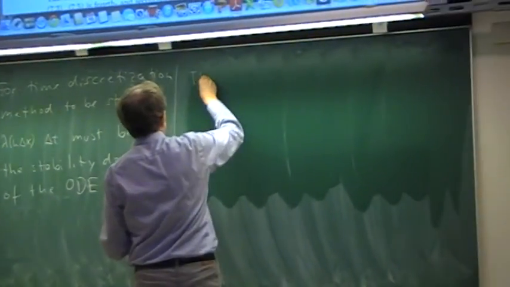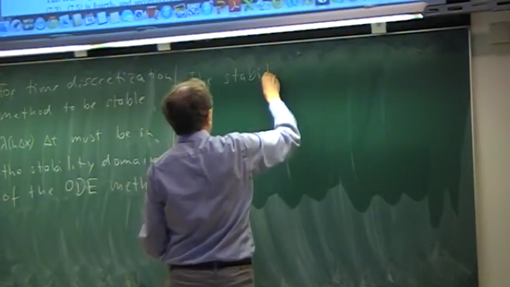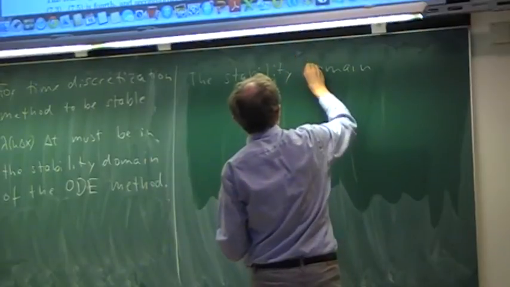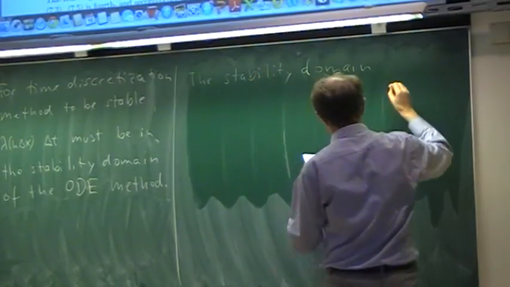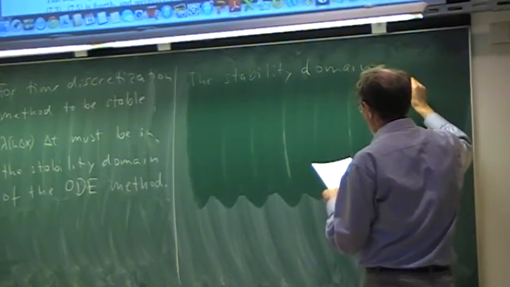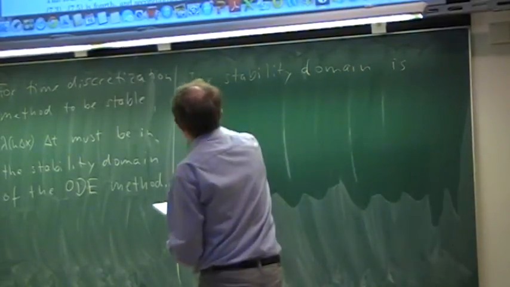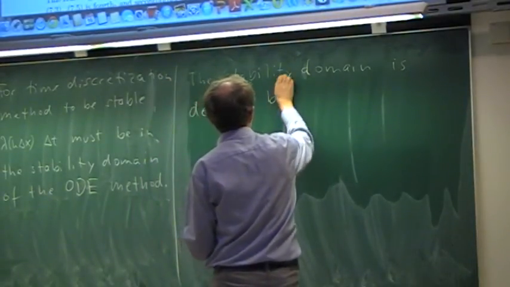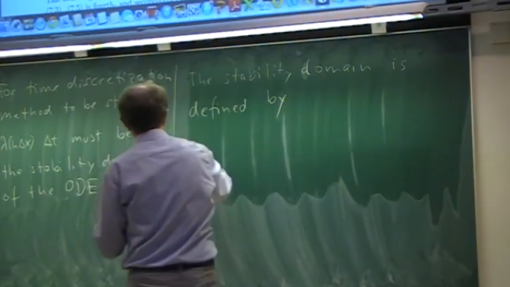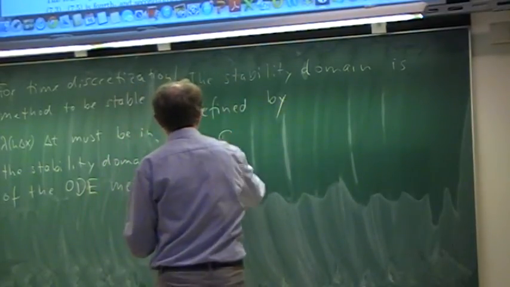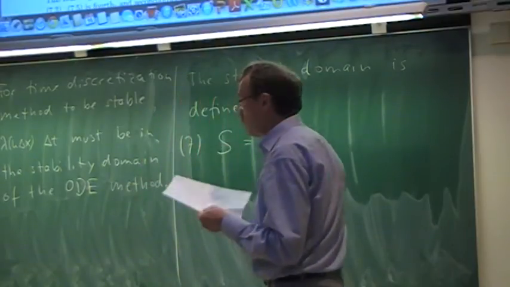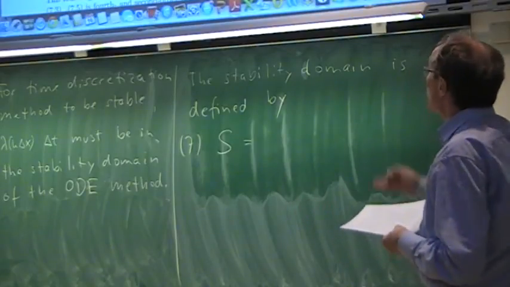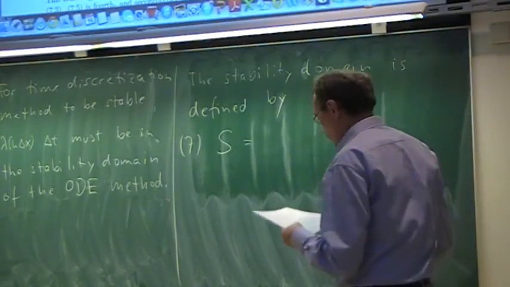The stability domain of an ODE method is defined as follows. It is a set, we call it S. It is specific to one ODE method, for example the explicit Euler method or a Runge-Kutta method, whatever we like.